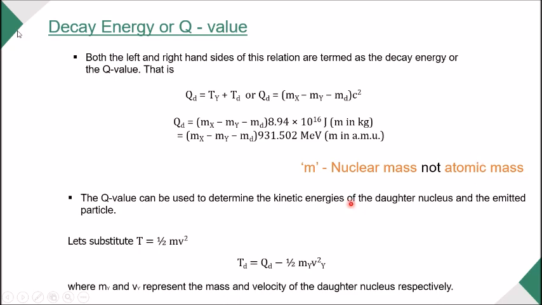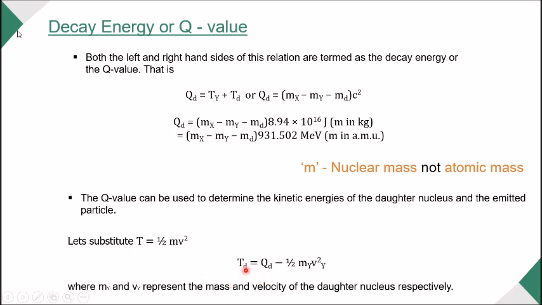So the Q value can also be determined using the kinetic energy of the daughter nucleus and the emitted nucleus. We already saw that Qd equals Ty plus Td. So if you know the kinetic energy released after the process, you can also get the decay energy value. Let's substitute T equal to half mv square.